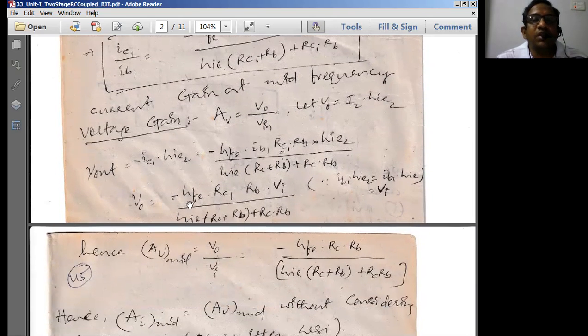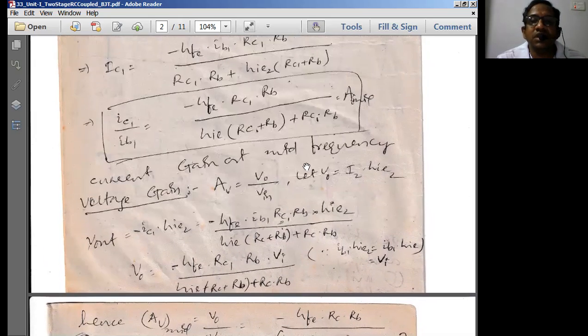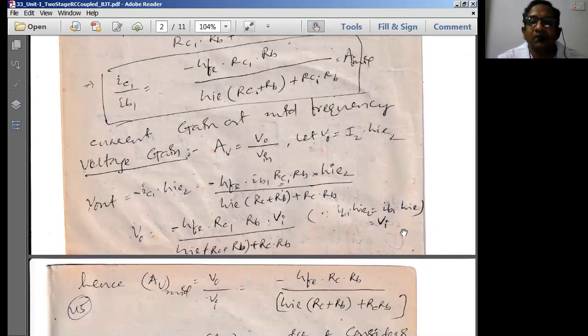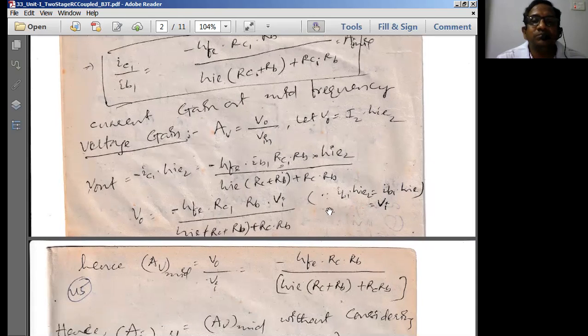So therefore, V0 is equal to what we can write now. Here, what is VI? Input voltage. IB1 into HIE2 is nothing but VI. Now we'll consider HIE1 is equal to HIE2. Therefore, IB1 into HIE1 is equal to VI, so HIE2 can be written as equal to HIE1.